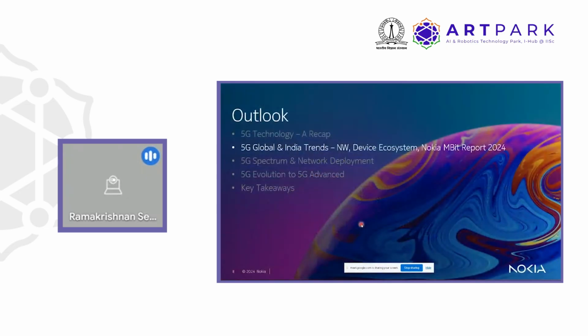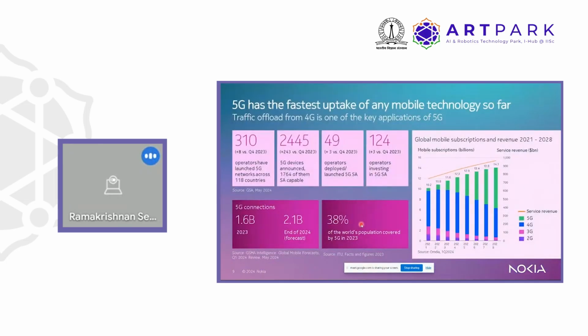Next, we look at the 5G global and India-specific trends. 5G uptake has been one of the fastest that we have seen in the last couple of decades, across the different technologies.